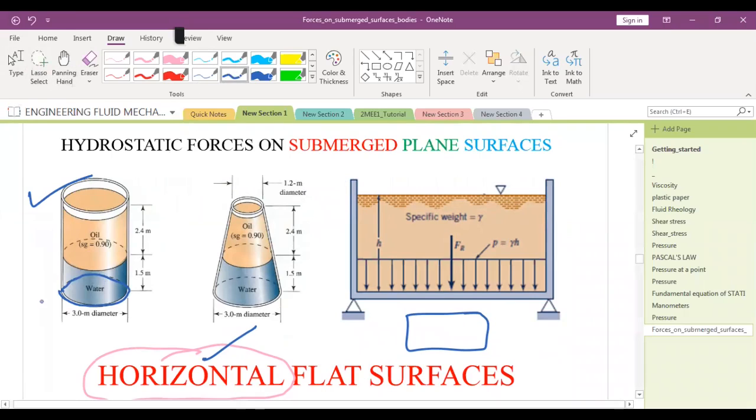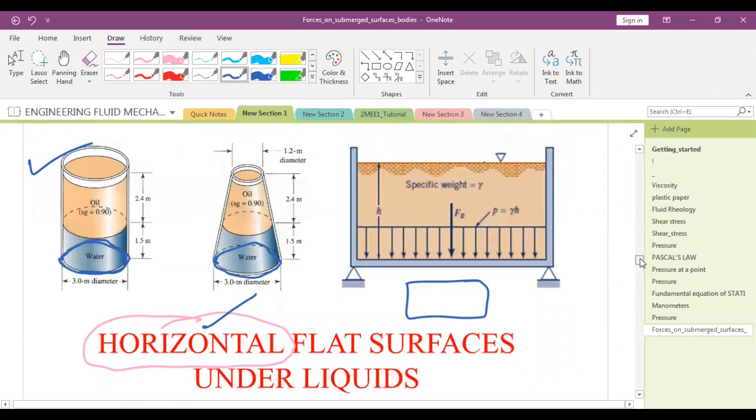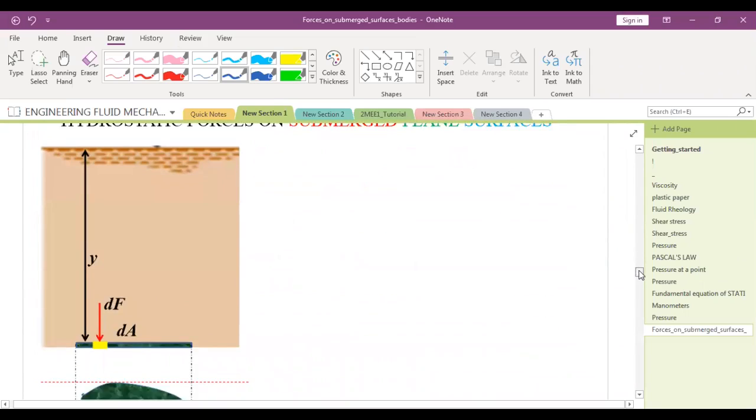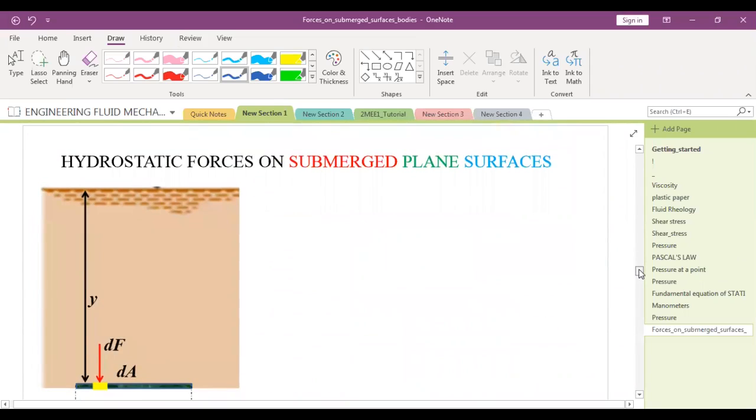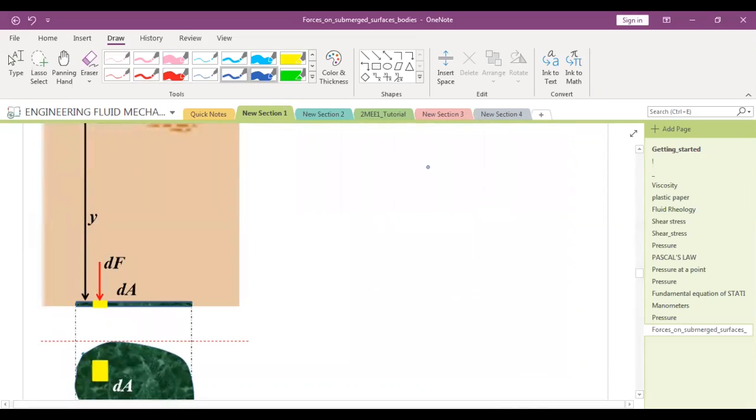So in this case, this is the surface. Now I'm analyzing one such surface. Say this is the surface.